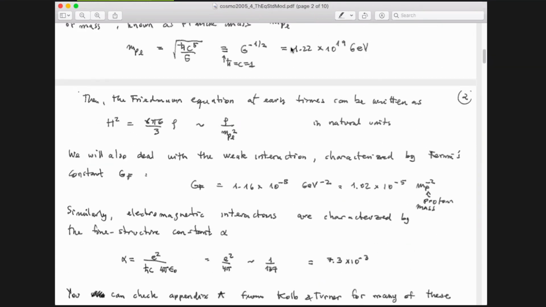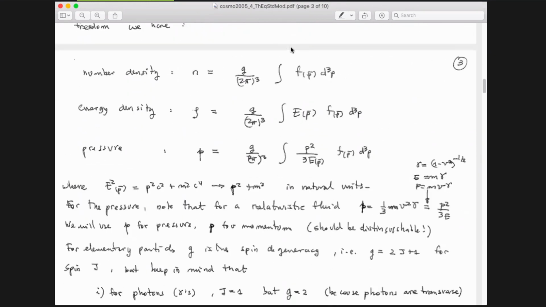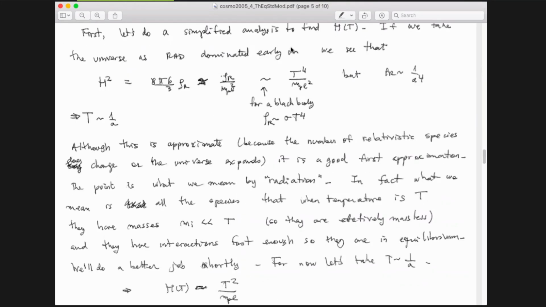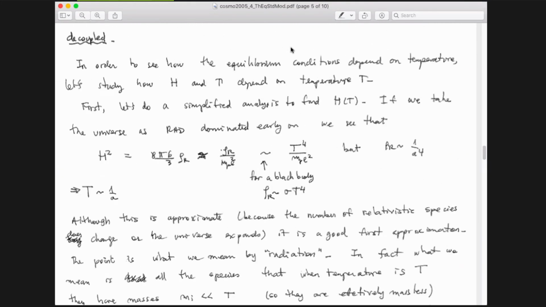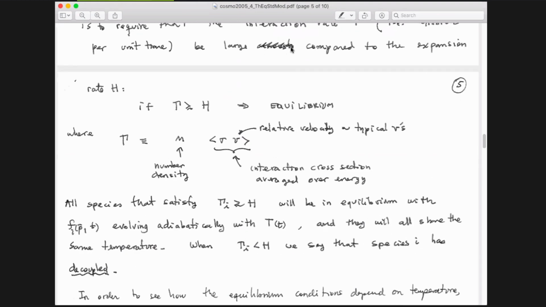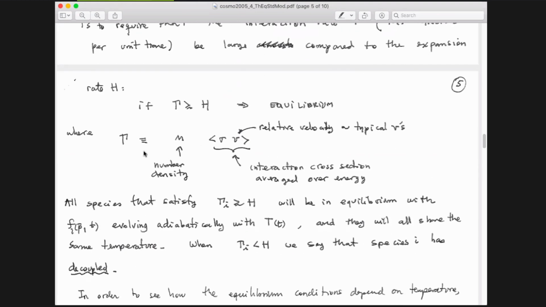Now, as I said, I'll come to that later. I need this. Sorry, again. So this is the condition: gamma is equal to n sigma v, and it is equal, not greater than. At early times it was in equilibrium. When H takes over, then n sigma. Now n I need to find.